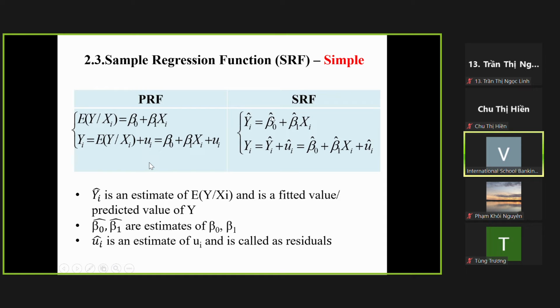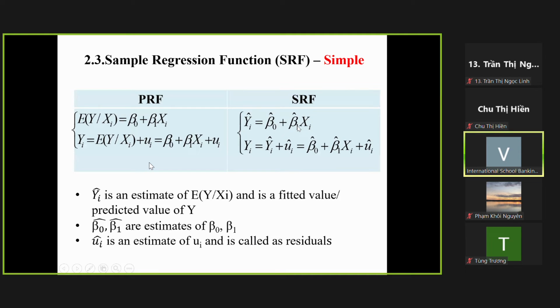You can see that we have a hat notation here. We use the hat to imply that we can only observe a sample, and this function is set up based on observing only a sample, not the population.